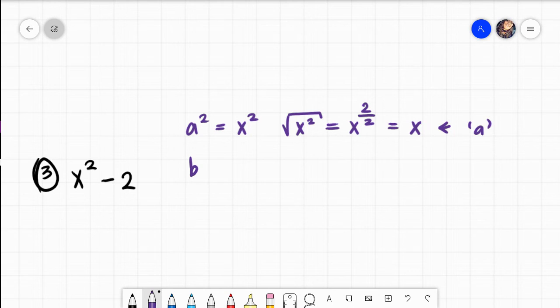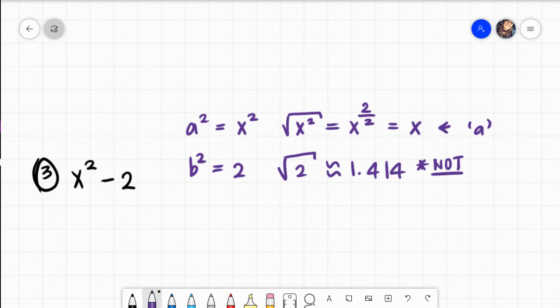Okay, and then I know that my b squared here is 2. I know that I need to take the square root of b squared, which is 2. I learn after putting it into my calculator that what I get is 1.414, and it continues. Because this is not a whole number, it's an actual decimal approximation, what this means is that this is not a perfect square.